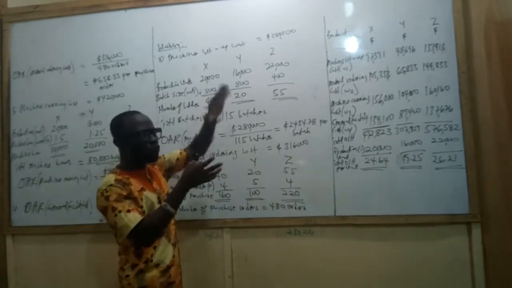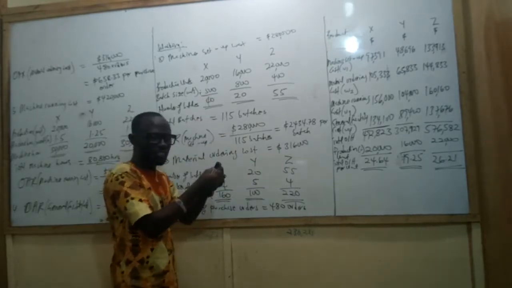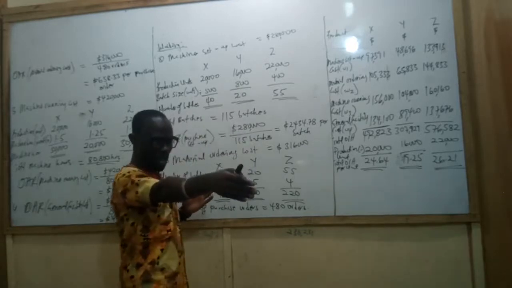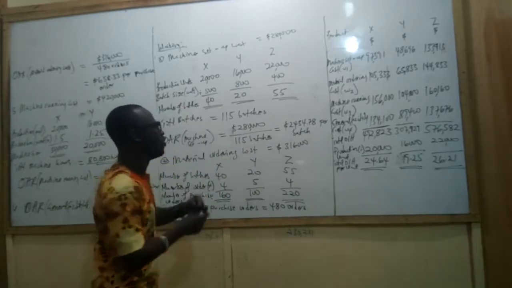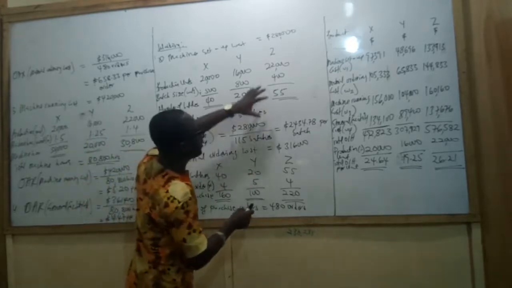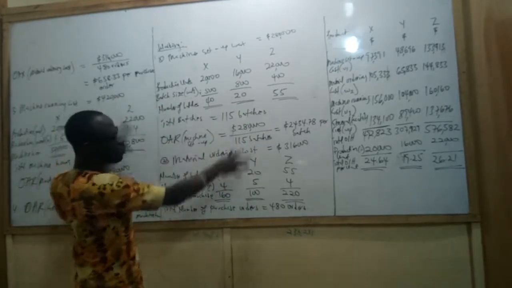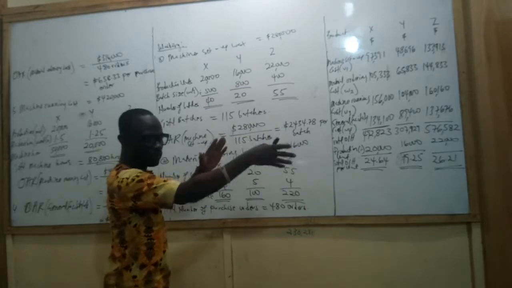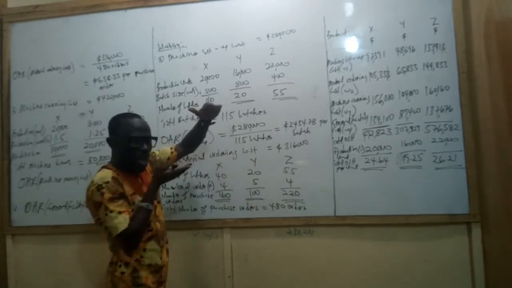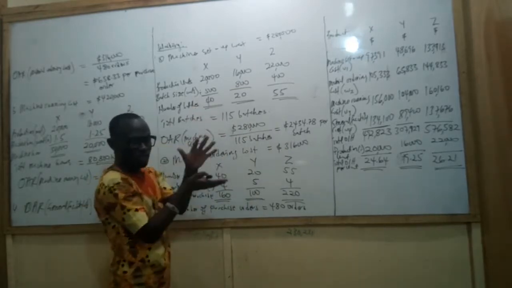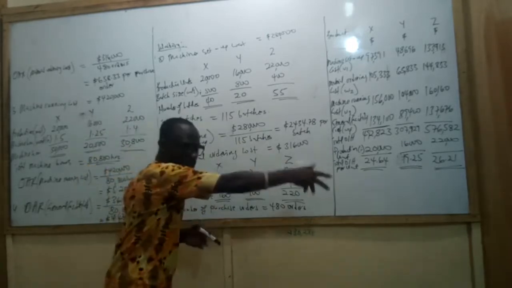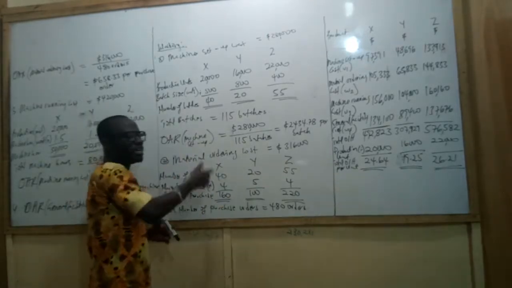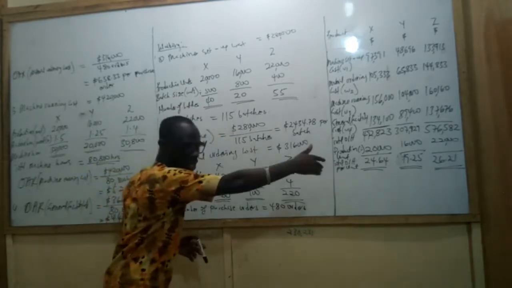So to calculate the overhead absorption rate, that is the rate at which we are going to share the overheads. If you remember, in the first question we solved, we added up 1,377,400. We divided that by 148,000, which was the labor hours. And that gave us the rate we will use to share.